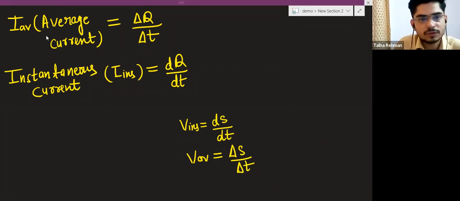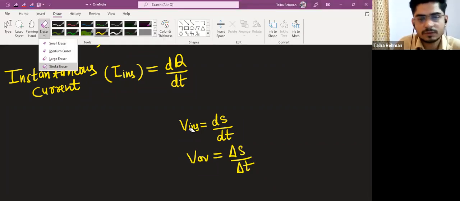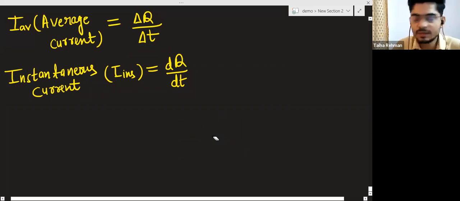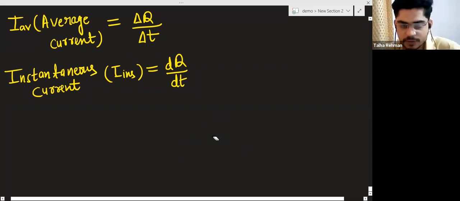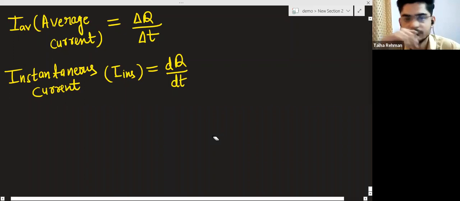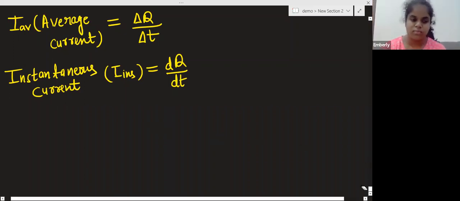So it means nothing has changed from 11 to 12. Only the terms are changed. So, this is the average current and this is the instantaneous current. Have you written this? Yes, sir. Okay, good.